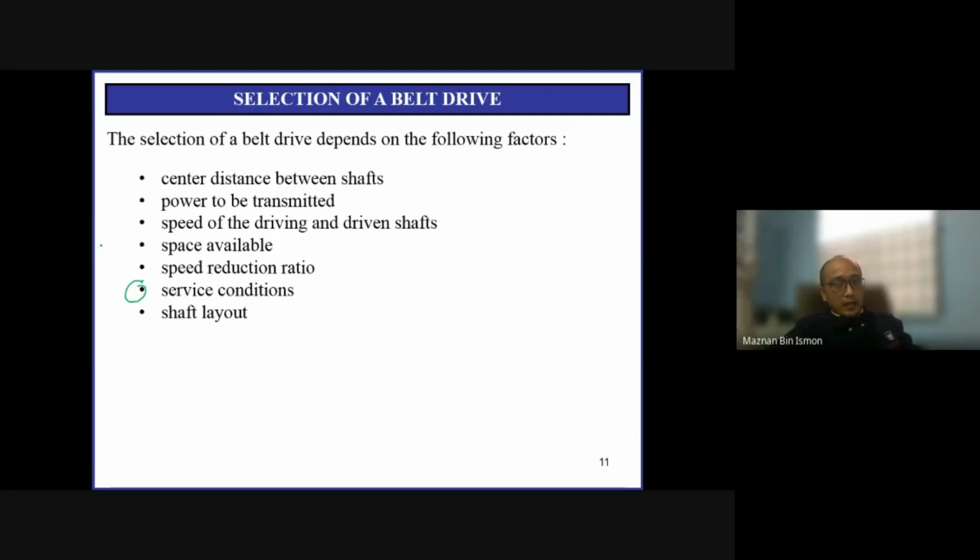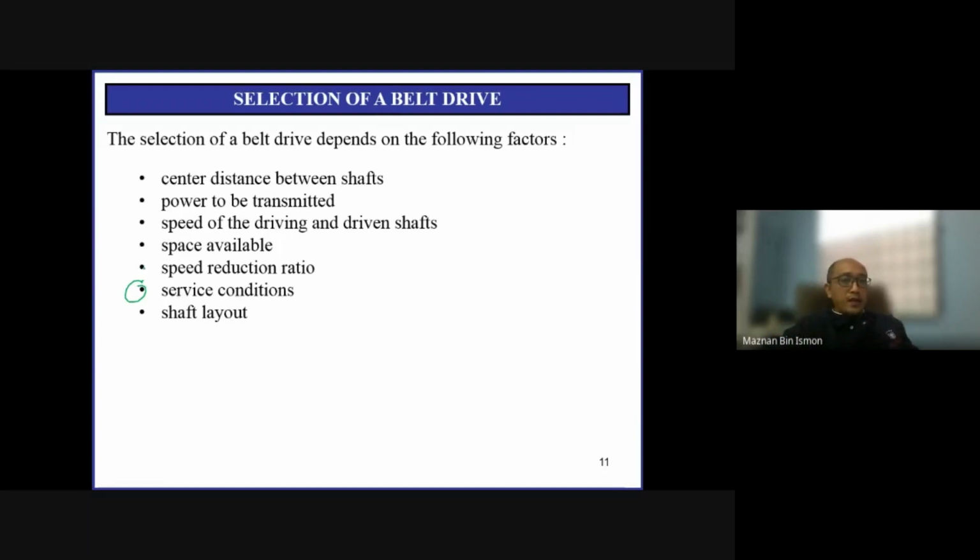Ada burners, ada kawasan yang panas lah, yang tak suitable untuk pasang belting system. So then you need to install gearing system, let's say, at the furnace area and so on.